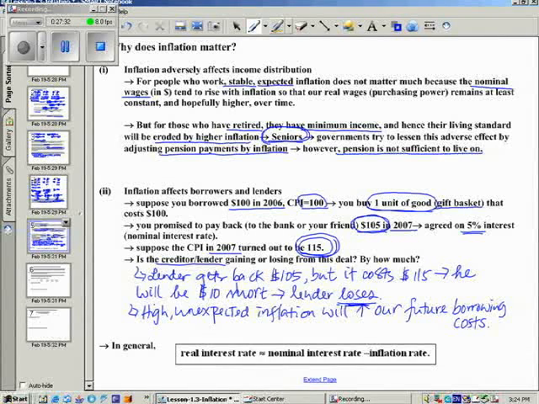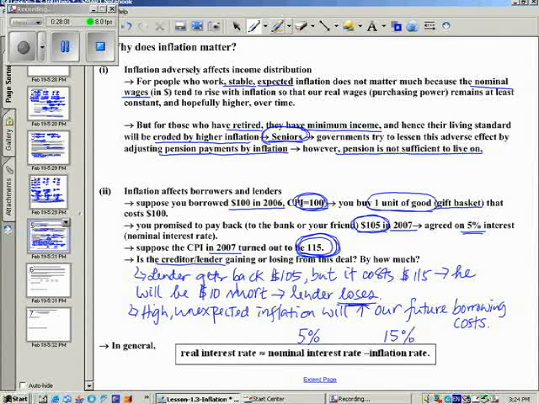In general, the real interest rate is equal to the nominal interest rate minus the inflation rate. In this particular example, you borrowed $100 and promised to pay back 105. So in money, you're promising to pay a nominal interest rate of 5%. But because the consumer price index has gone up from 100 to 115, the inflation rate is 15%.